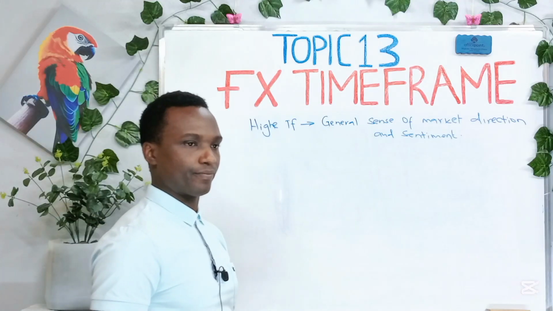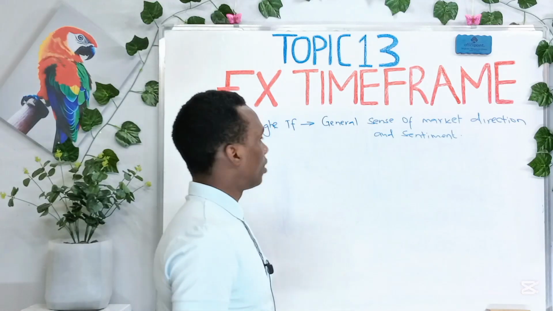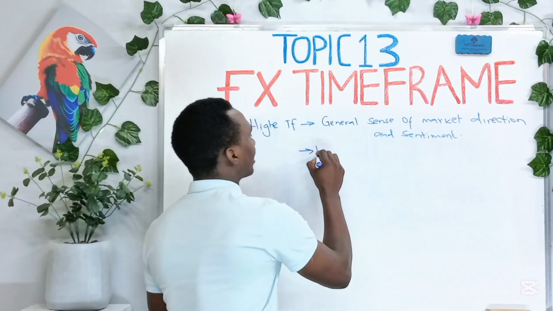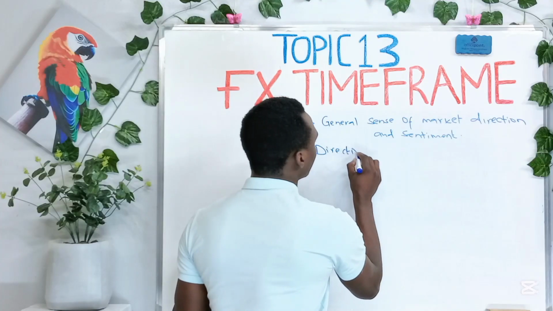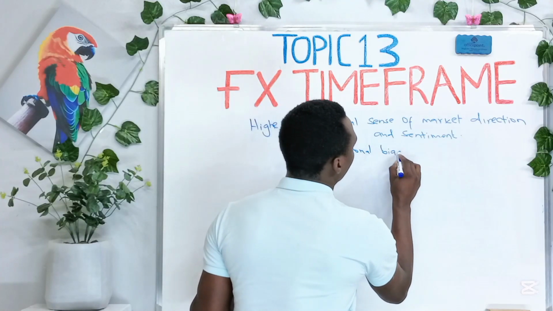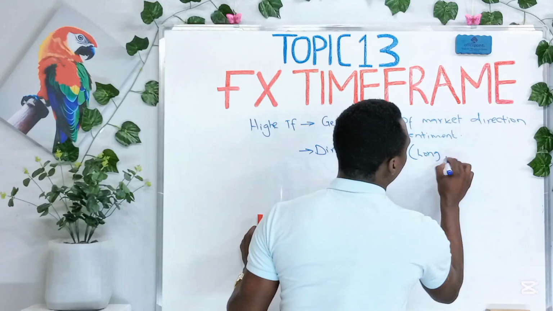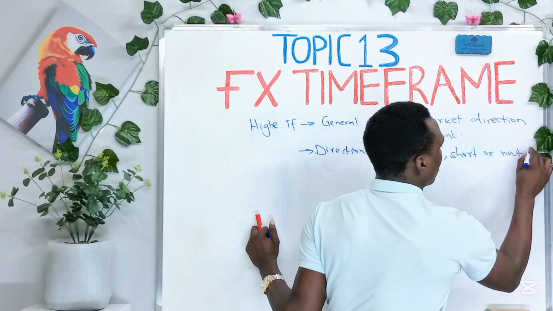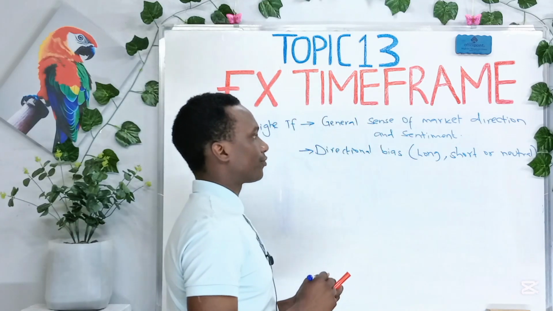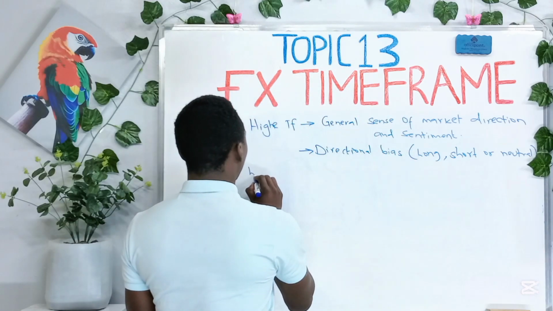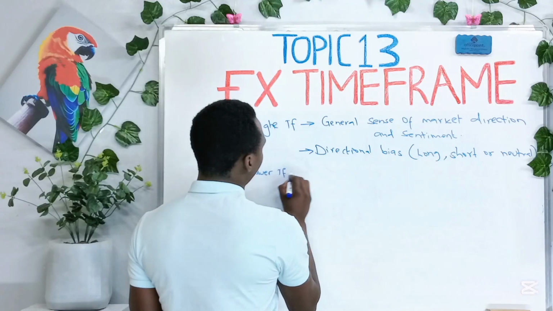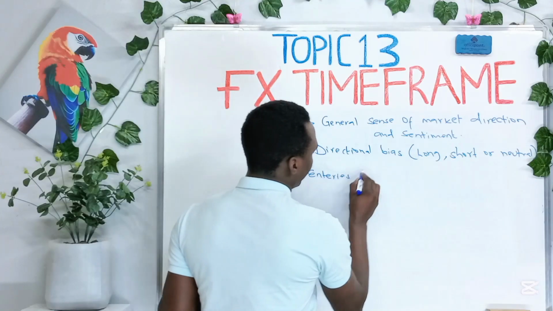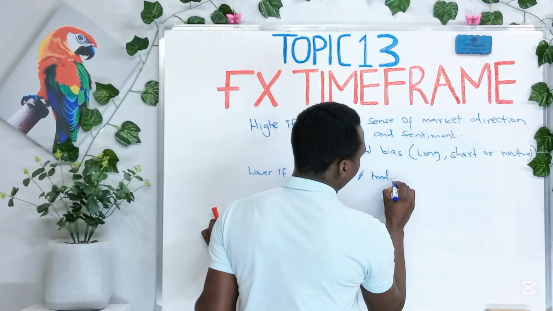So here the trader would want to look for directional bias, whether you are long, short, or neutral. They now go to the lower time frames for their entries and trading opportunities.